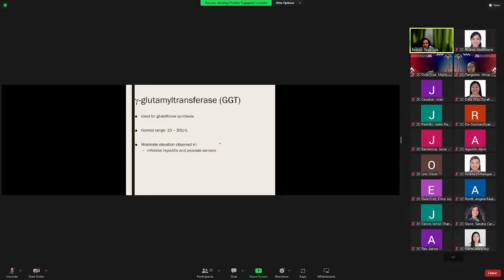GGT is moderately elevated in infective hepatitis and your prostatic cancer. As I mentioned earlier, GGT is increased in alcoholics. That's why it is a good and sensitive way of detecting alcohol abuse.